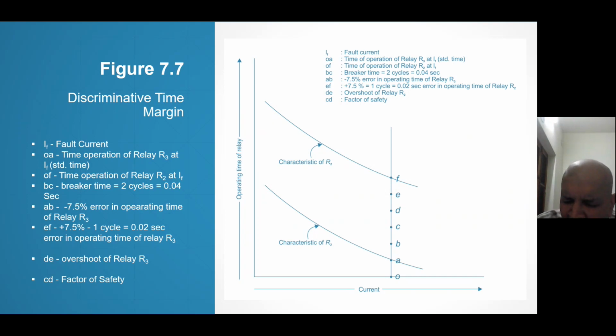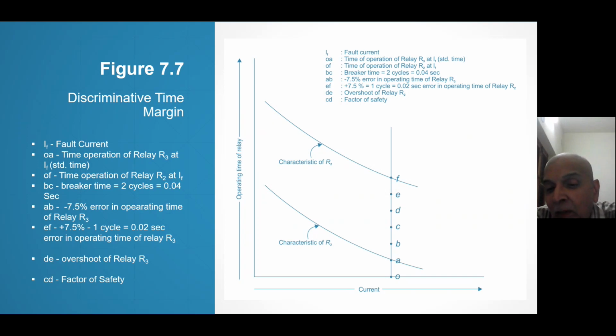And try to understand that it is not true only for electromagnetic relays. It is true for static relays also. In static relays, there are inductive circuits, and inductance does not die down the current within no time. No doubt, in electromagnetic relays, the overshoot is 5 cycles. In static relays and numerical relays, it is 1 cycle, but overshoot is there. So that DE is overshoot. Now you try to understand.